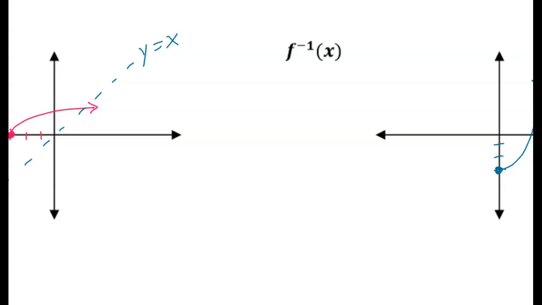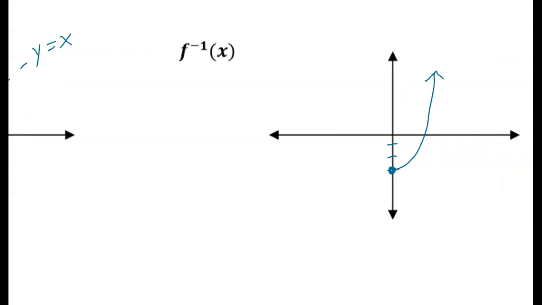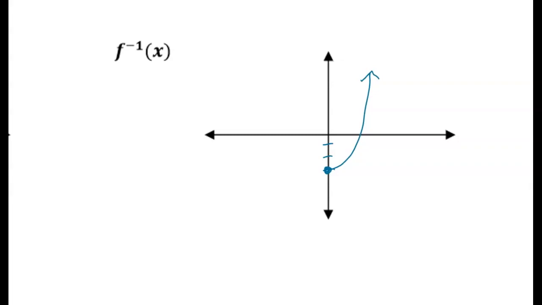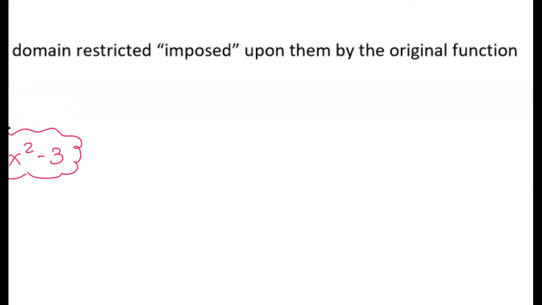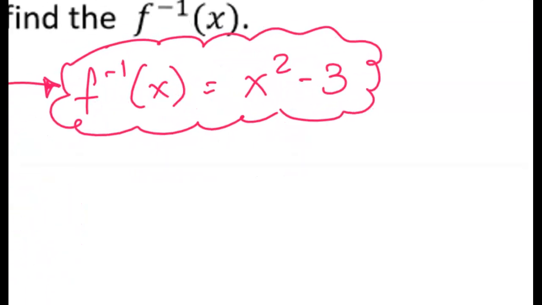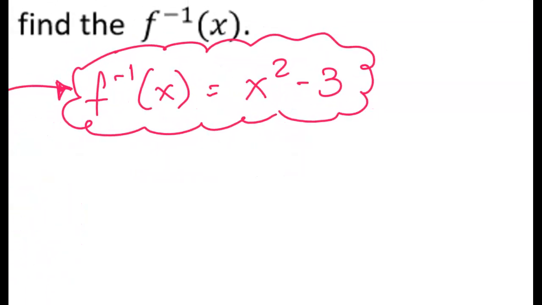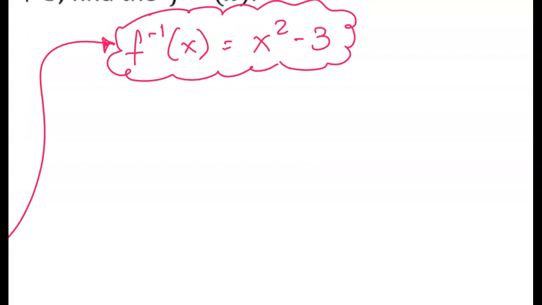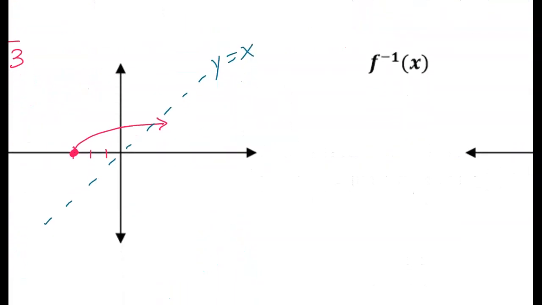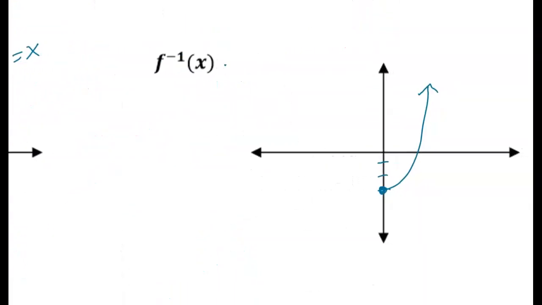What makes you stop and pause here? Right. Look at our inverse. What type of function is that? If I was just to look at this, I would think that the full graph of this is a what? A quadratic. But did I graph a quadratic? I only graphed half a quadratic.